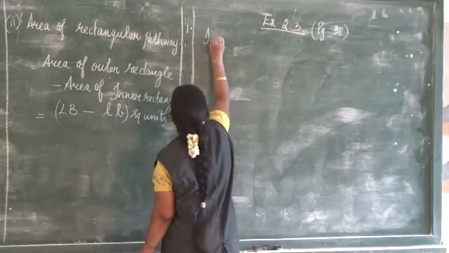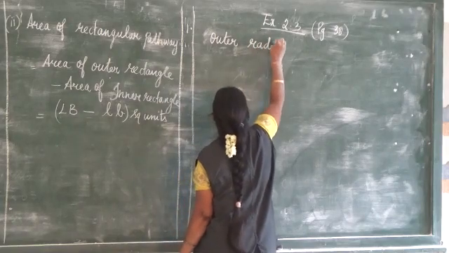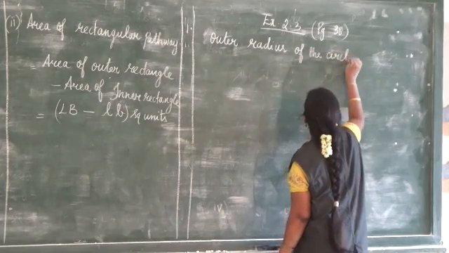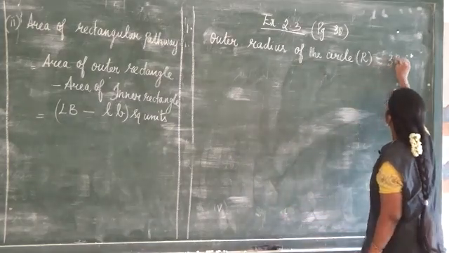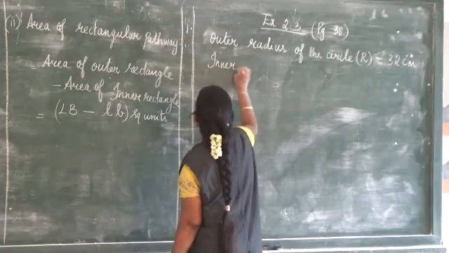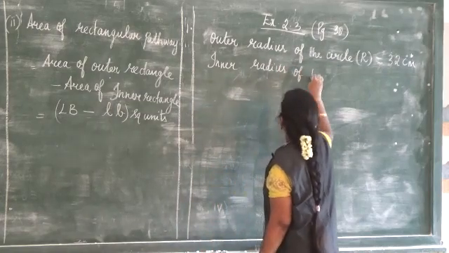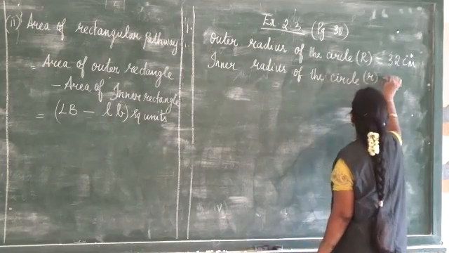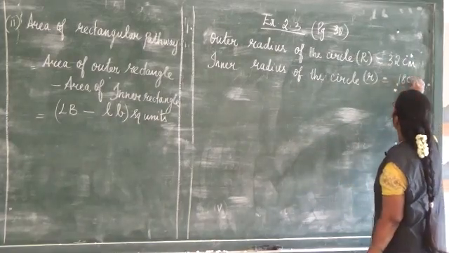So, the outer radius of the circle, capital R, is equal to 32 centimeter, which they have given us. Then the inner radius of the circle, small r, is equal to 18 centimeter.